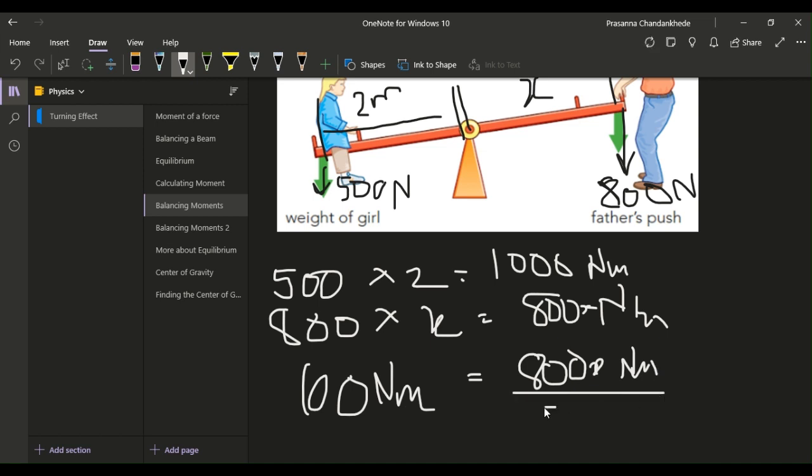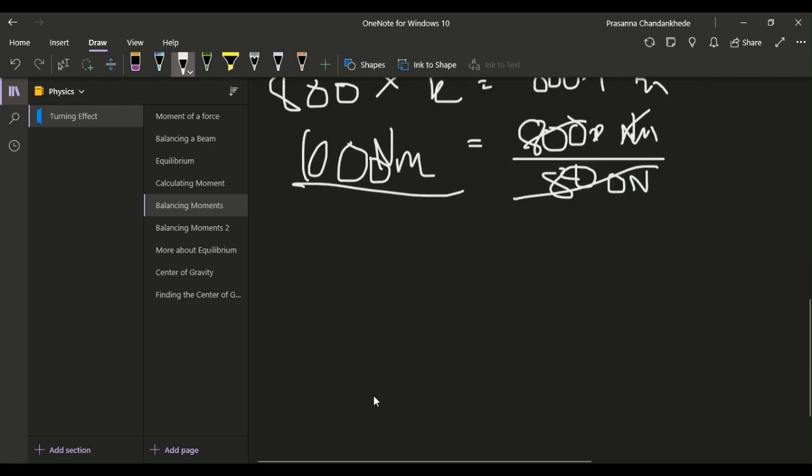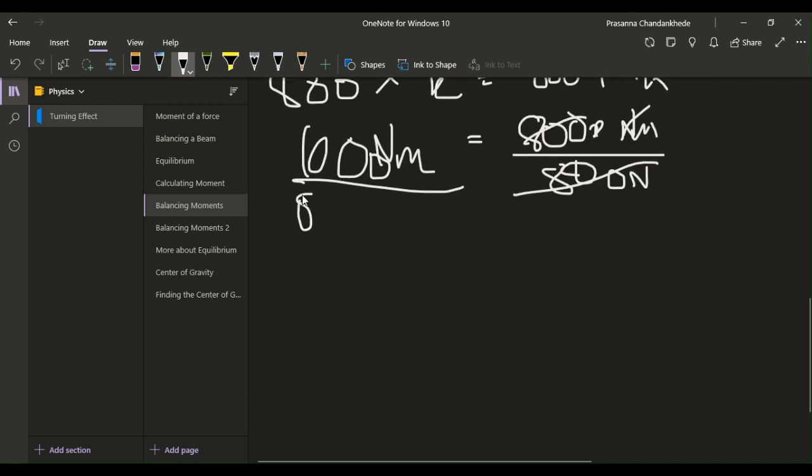So you divide both sides by 800 newtons. Cancel the 800 and the newtons. So x equals 1000 over 800 newtons. When you divide this, let me put it on my calculator.